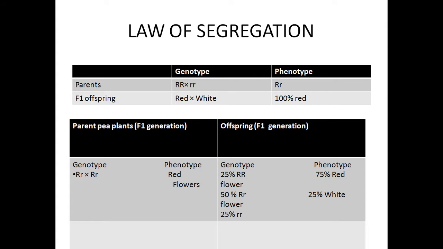Red color flowers, white color flowers in the parent pea plants. We are seeing here the crosses, genotypes, the genes related to these red color flowers and white color flowers.